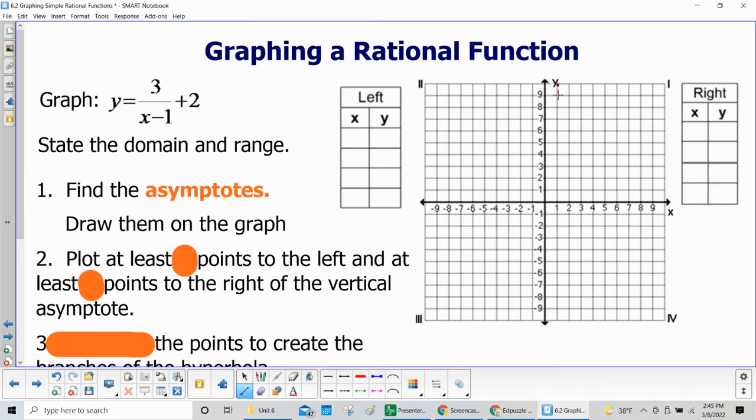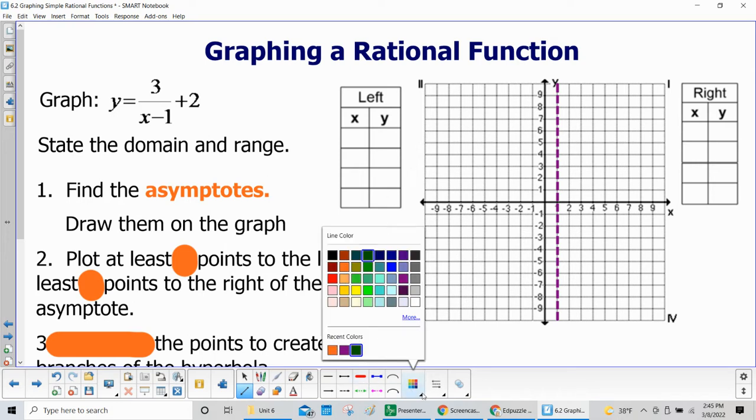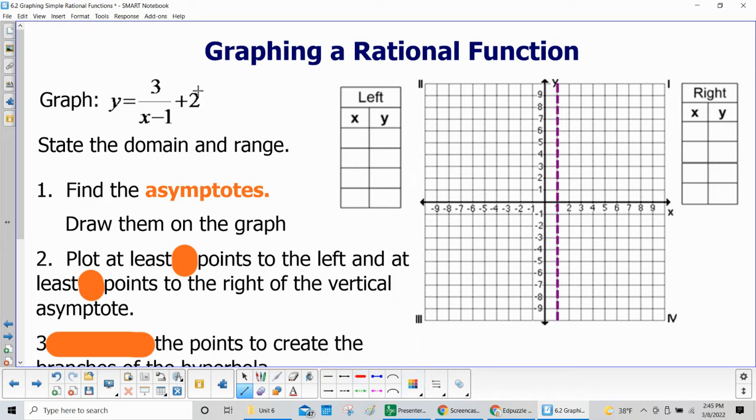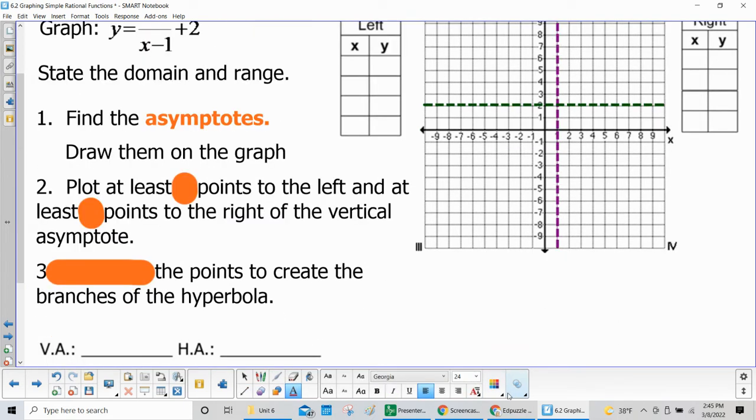So I'm going to do a vertical asymptote at x equals 1 because this was x minus 1. If I plugged in 1, 1 minus 1 gives me 0, and that's undefined and not going to work. My horizontal asymptote would come from the number at the end. That's just a 2. So right there, I've now already defined my vertical and horizontal asymptotes.